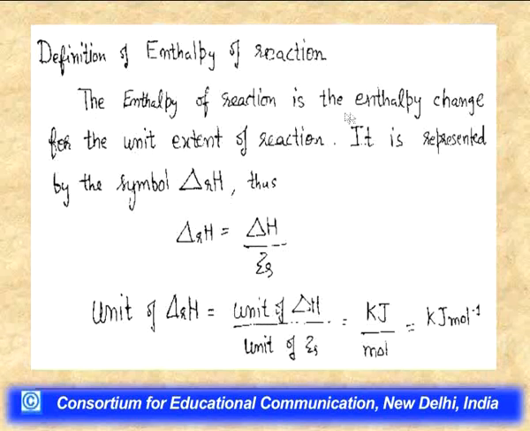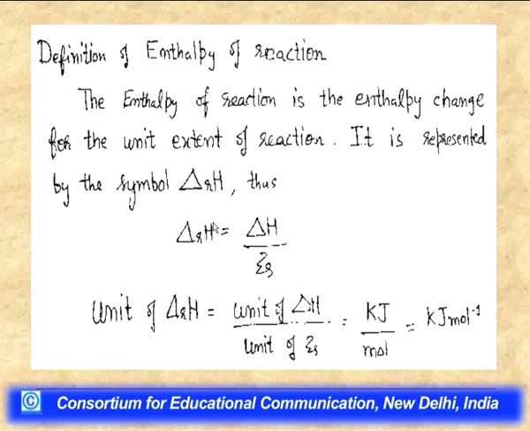The enthalpy of a reaction is the enthalpy change for the unit extent of reaction. That is, the enthalpy of a reaction is the enthalpy change of the system with unit extent of reaction. So it is represented by the symbol delta RH. So therefore delta RH is equal to delta H by xi.